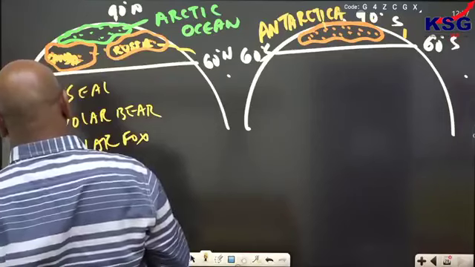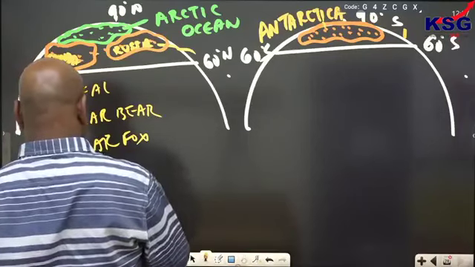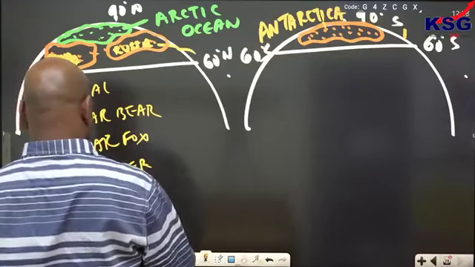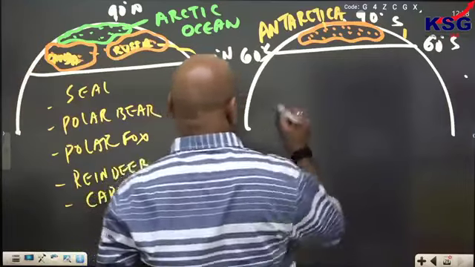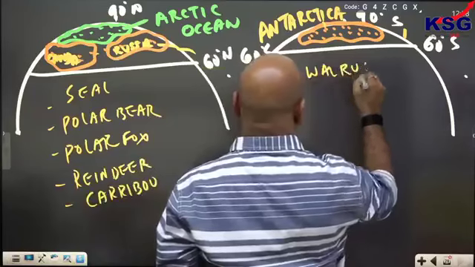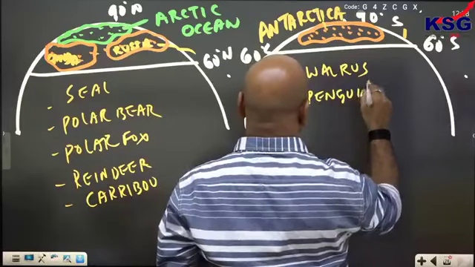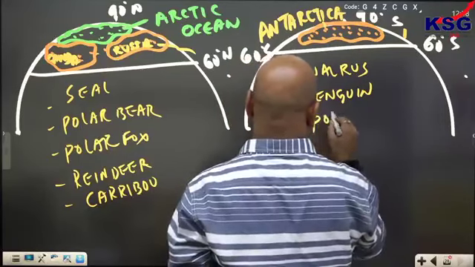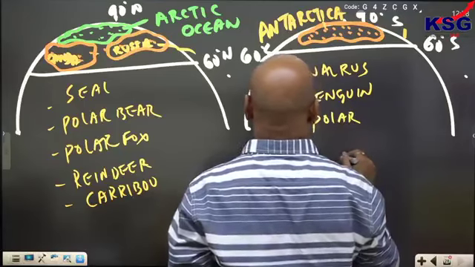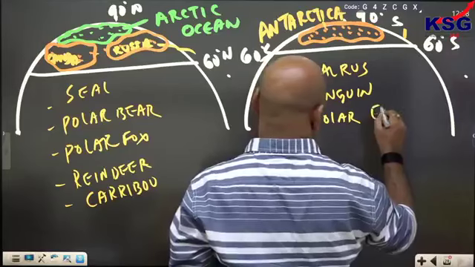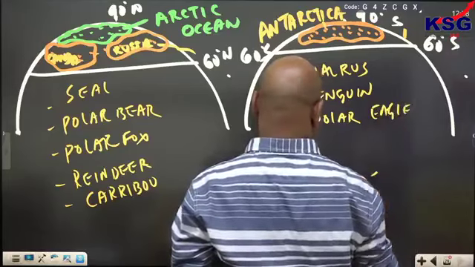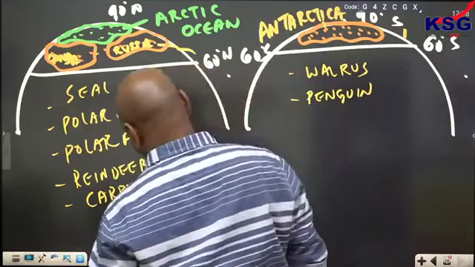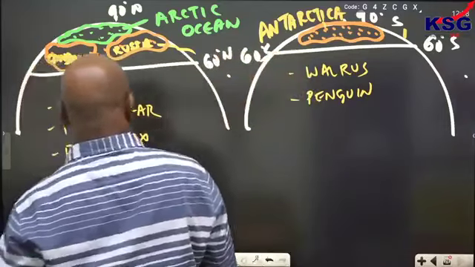Here you can get reindeer, caribou. This side you have walrus, penguin, polar eagle, more.